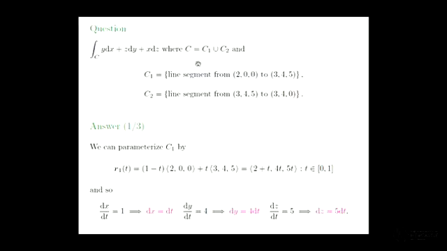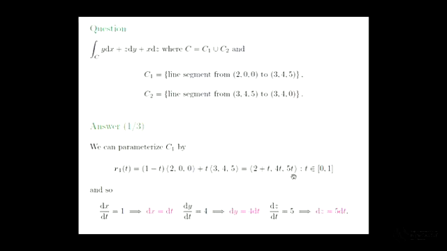So we're going to do this in two pieces, the C1 piece and the C2 piece. If this is the parameterization of the line, that means x is 2 plus t, which means dx/dt is 1, which means dx is equal to dt. dy/dt is 4, the derivative of 4t with respect to t, which means dy is equal to 4 dt.